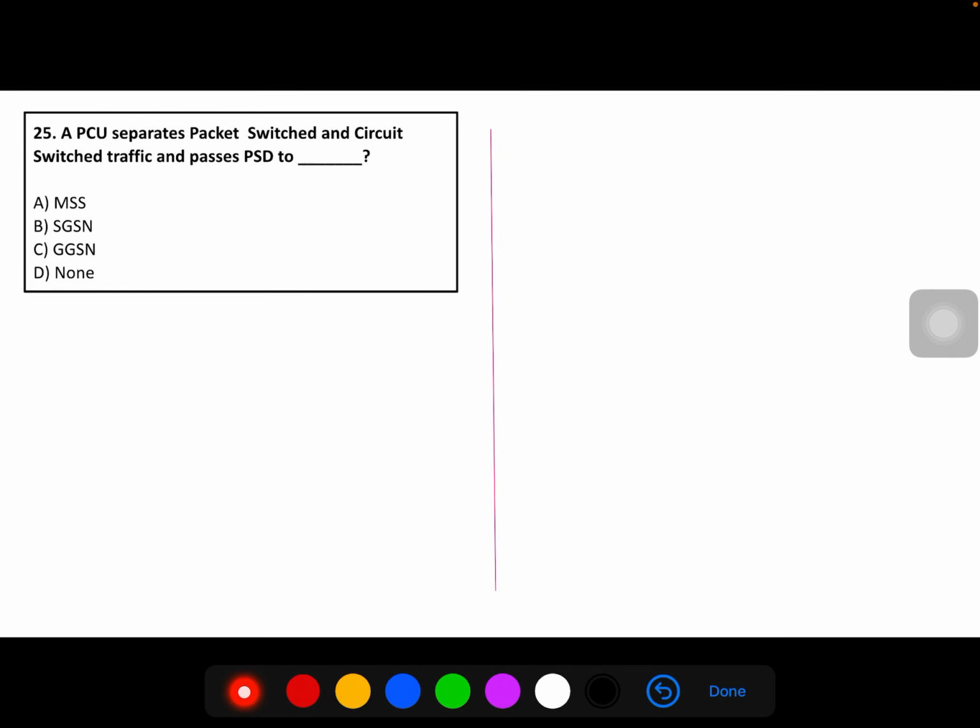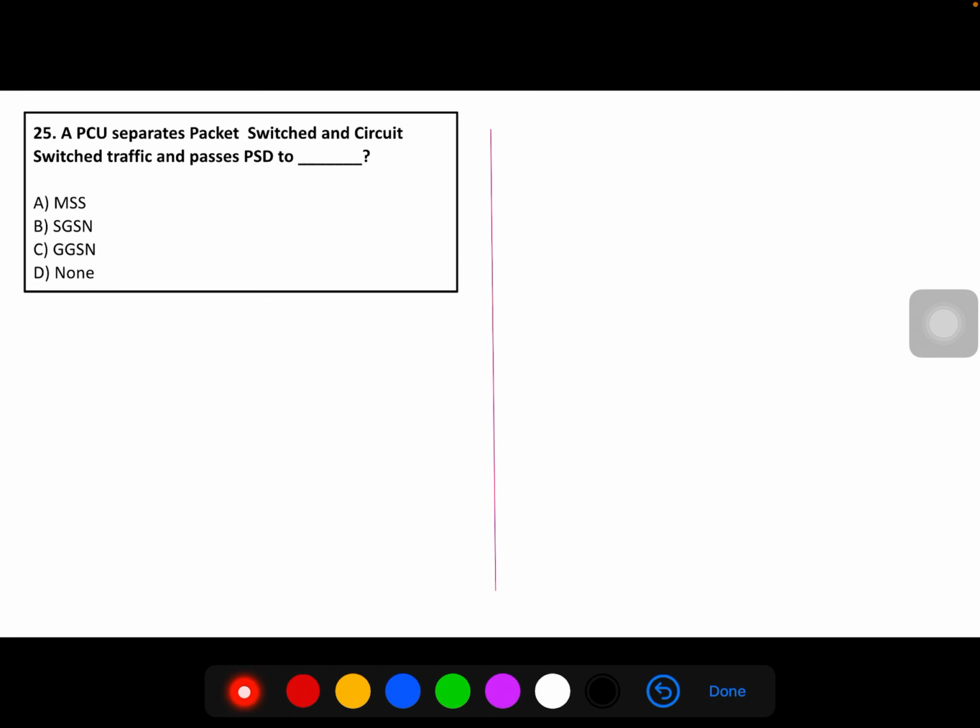Next question. A packet control unit. First of all, you must know the full form of PCU. It is packet control unit. And when it comes to packet, that means it is talking about the data part. It separates packet switched and circuit switched traffic and passes the PSD, that means packet switched data. In the GPRS architecture, when I discussed it in my video, you will see very clearly that if voice communication is being carried out, then the architecture is followed in a similar way as in the case of GSM.